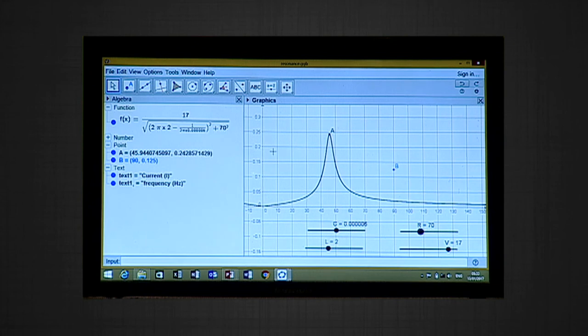Now, here we are showing how the resonant frequency graph, or the pattern of the AC, looks.